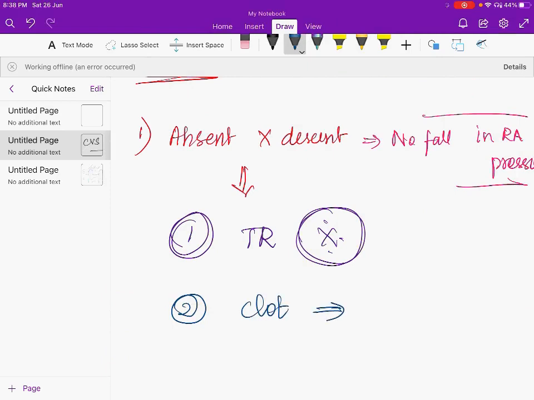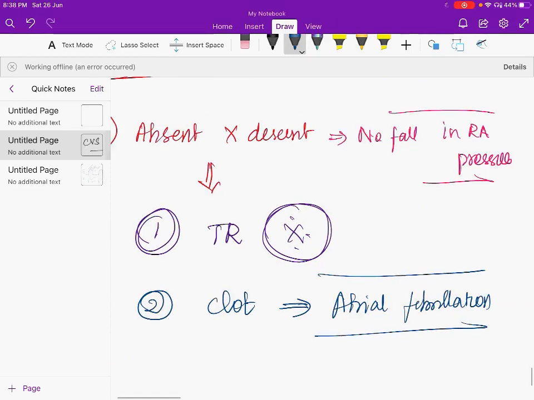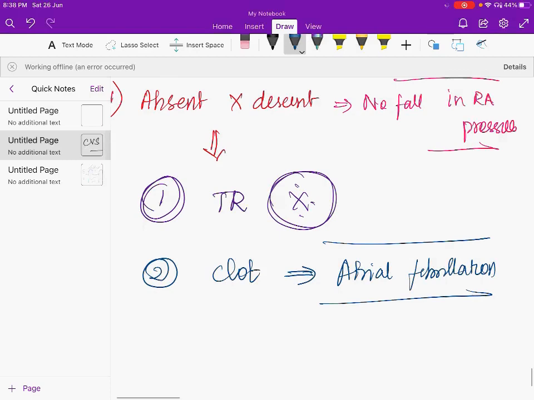Name one cause of right atrial or left atrial clot. Yeah, atrial fibrillation. Good. Your atrial fibrillation will produce a clot, or your atrial myxoma, a tumor inside the atrium. One of the most common tumors inside the atrium is myxoma. Good.